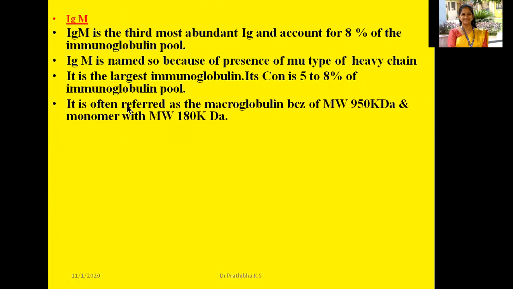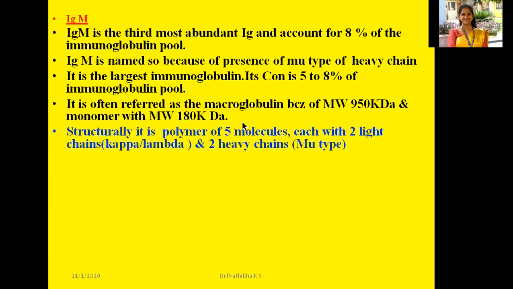Hope you are making note of all this information. It is often referred to as the macroglobulin because of the molecular weight of 950 kilodalton, and the monomer has a molecular weight of 180 kilodalton. Structurally, it is a polymer of 5 molecules, each with 2 light chains, that is kappa or maybe lambda, and 2 heavy chains which are of mu type.